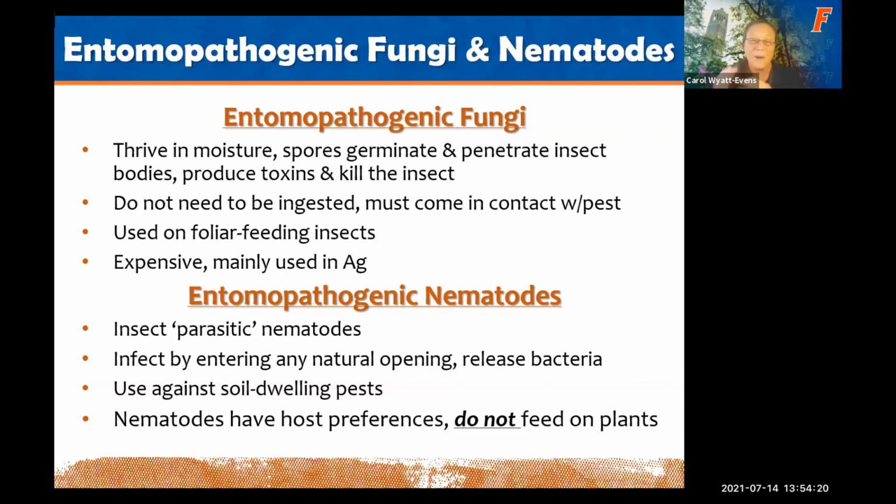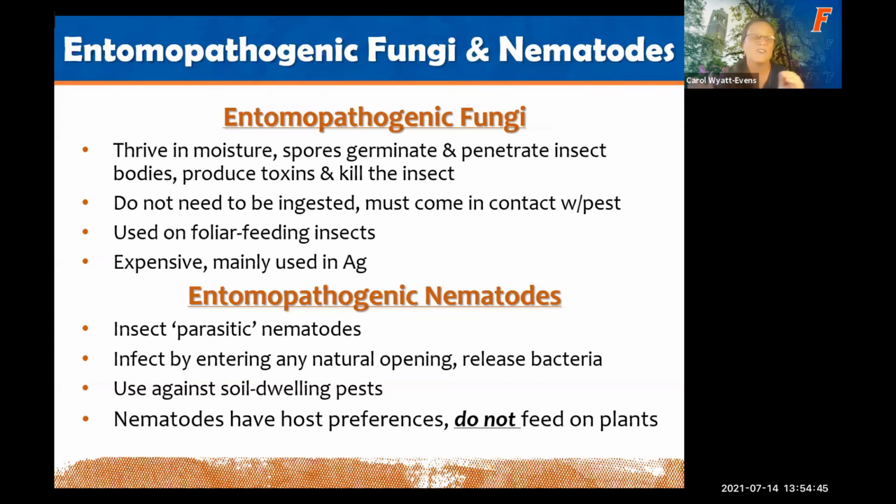One type we have are parasitic nematodes, which we don't think of as good, but there are good nematodes out there. These nematodes work really well against soil-dwelling pests. So what they do is they enter any natural opening in that insect. So the insect doesn't have to, like with DE, which cuts the exoskeleton.